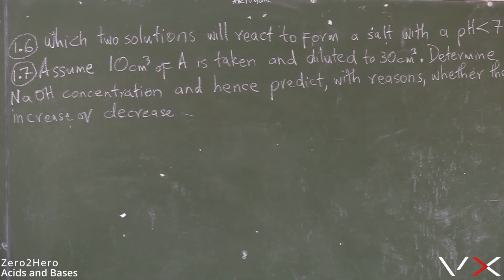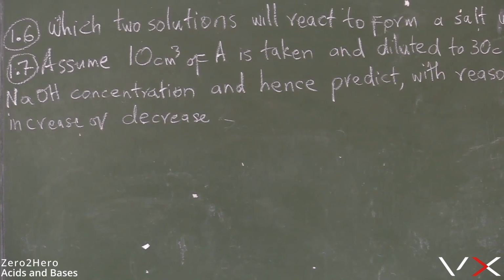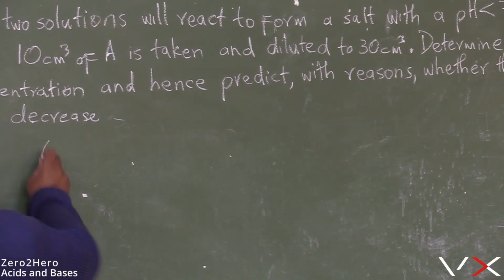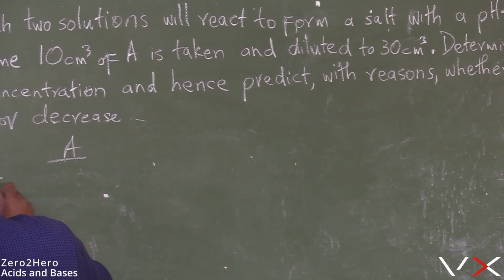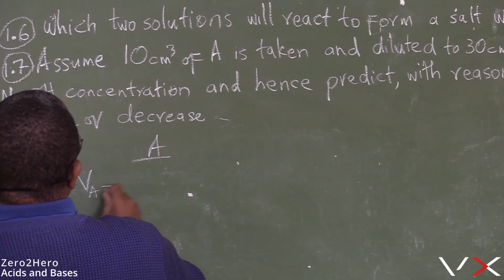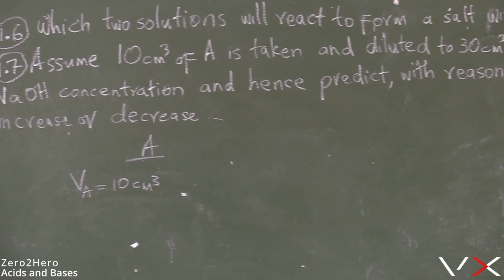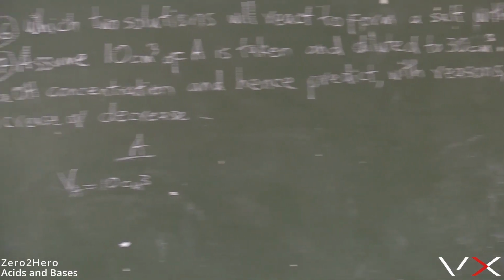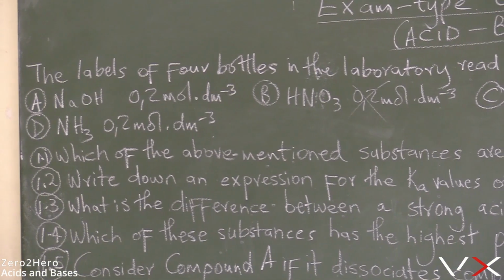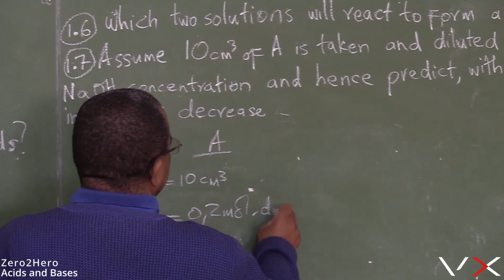Let's go to 1.7. Now they say, assume 10 cubic centimeter of A. The volume of A is 10 cubic centimeter and the concentration of A is 0.2 mole per decimeter cubed.